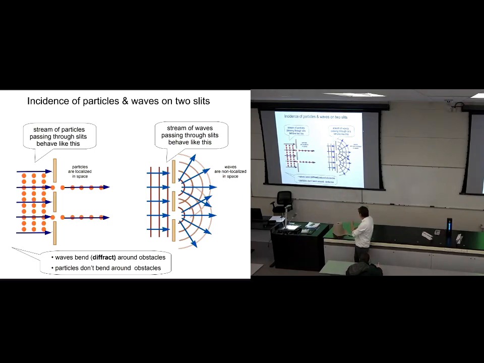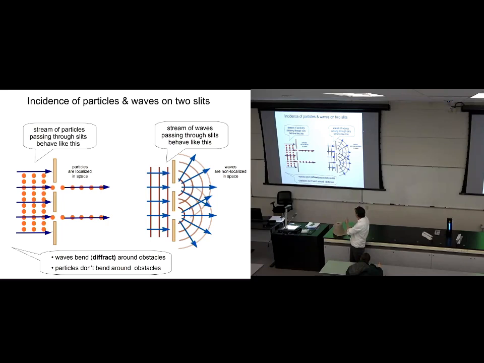It's different for the waves striking the two slits. Here come the waves striking the two slits from the left towards the right. Some of the wavefronts are stopped by the material of the barrier. Some of the waves pass through the barrier, and the important, interesting thing is that they don't emerge as a pencil beam of waves towards the right. Rather, they spread out from the apertures, the holes or the slits here.